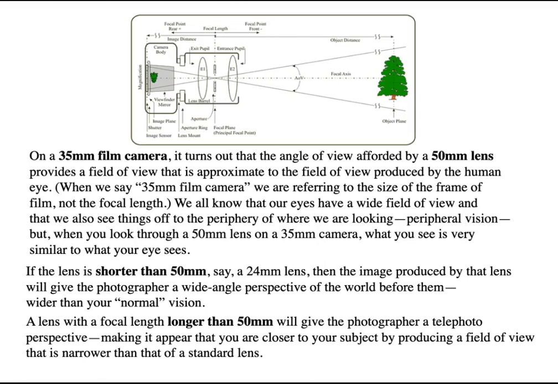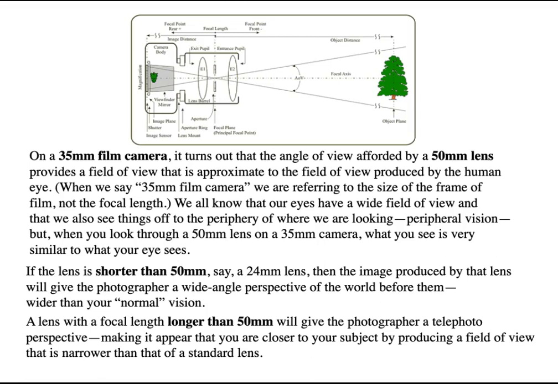So the angle that is the standard that equals the human eye is actually the 50 millimeter lens. And so what that means is what we see as sizes and spatial difference and distortion with our eyes is roughly the same as what we see on an image that's been captured with a 50 millimeter lens.